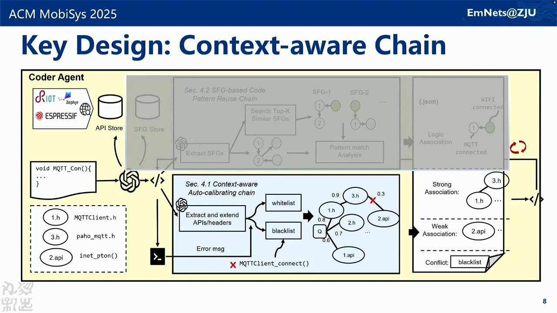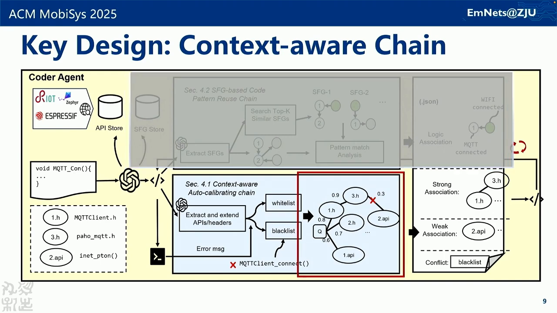We avoid alignment with conflicting context items. Strong associations are akin to chosen data in DPO, whereas conflicting associations are the rejected data. These approaches effectively improve the accuracy of generated API headers.